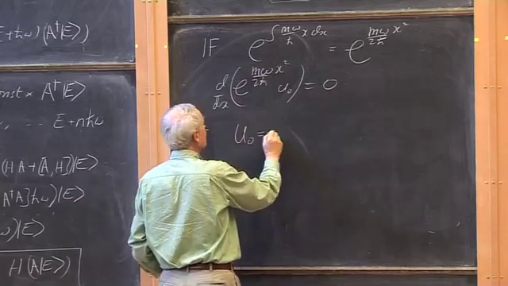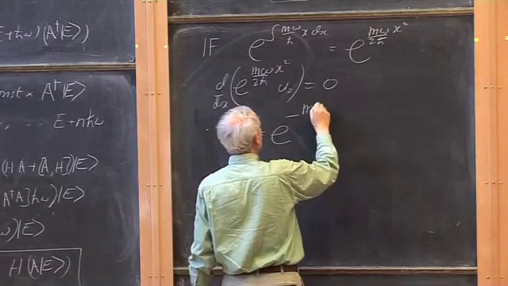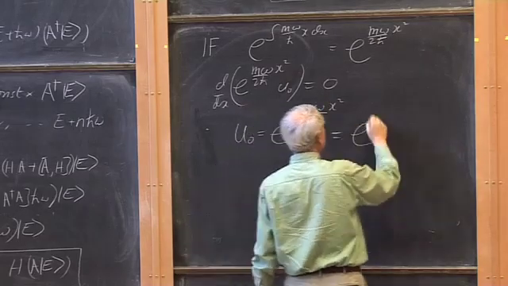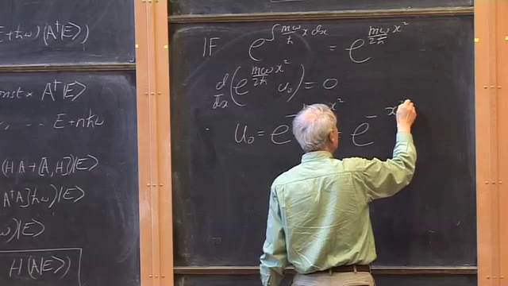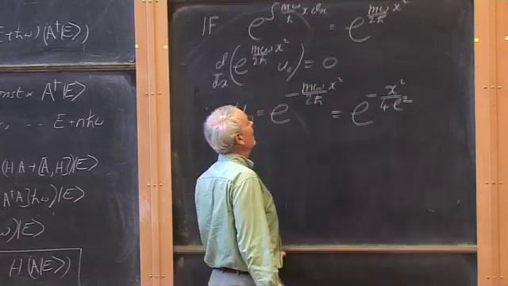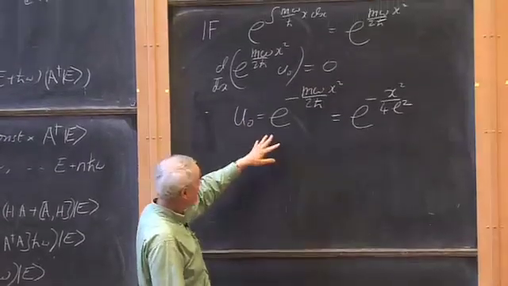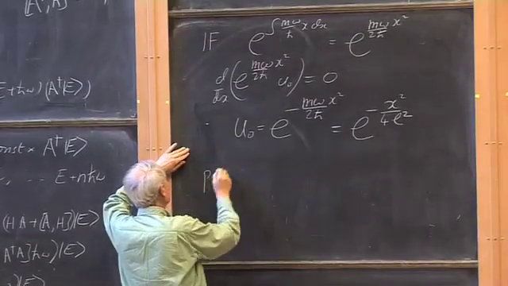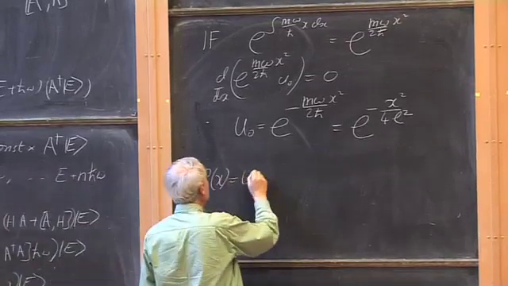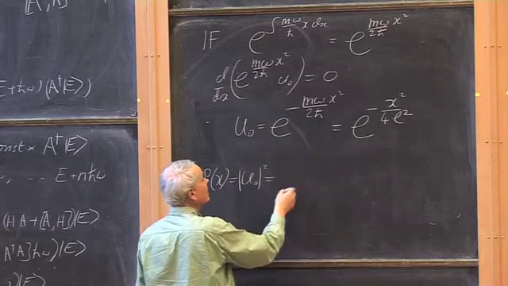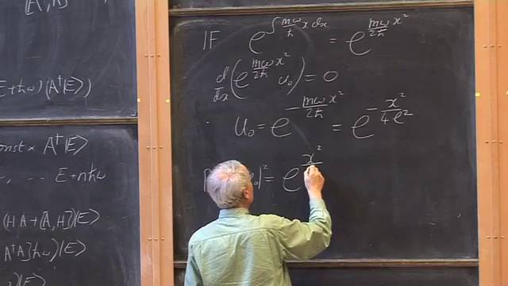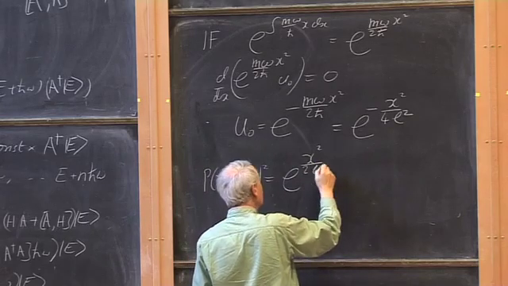Ergo, u naught is equal to e to the minus m omega x squared over 2 h bar, which I want to write as e to the minus x squared over 4 L squared. Why do I want to do that? Because the probability of finding your particle at x, which is equal to u naught mod squared, will then be e to the minus x squared over 2 L squared.